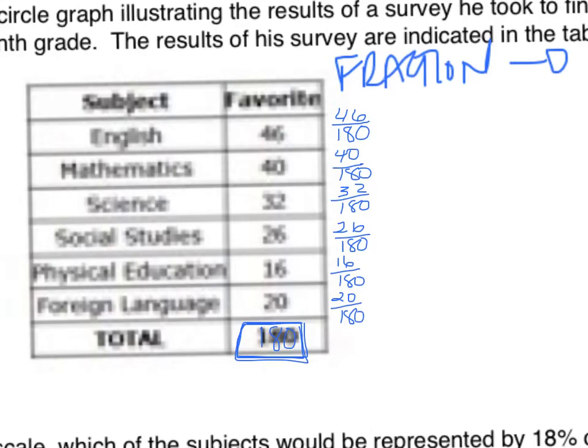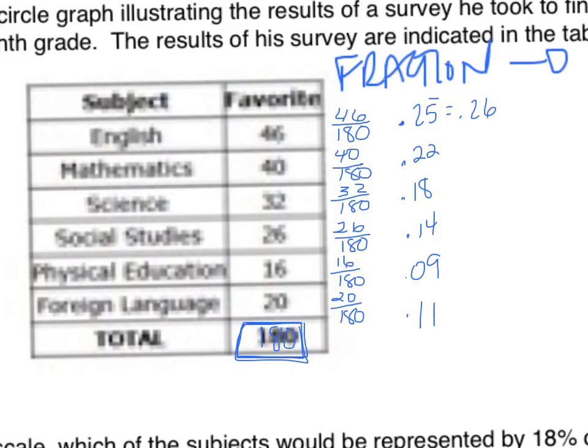So 46 divided by 180, and whenever I divided, I got 0.25, and my 5 was repeating. So my 40 was 0.22, my science was 0.18, 26 was 0.14, this is 0.09, and 0.11. I kind of rounded, so this one would actually round to be 0.26.